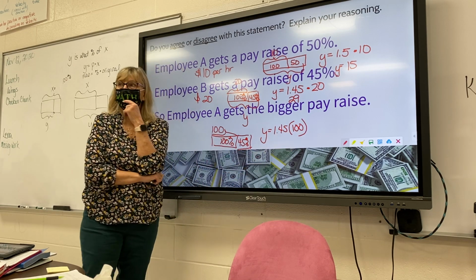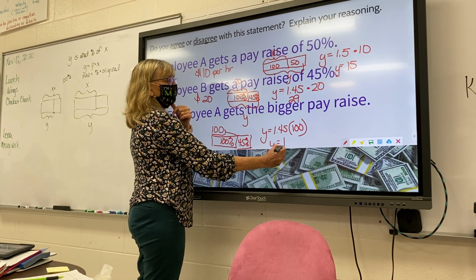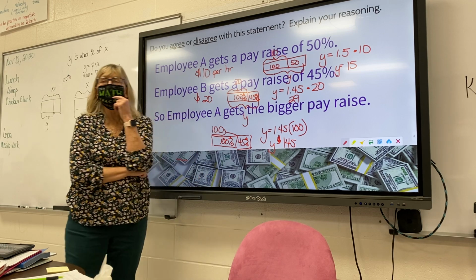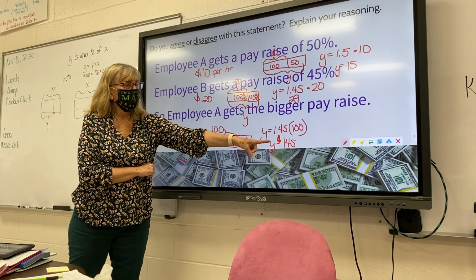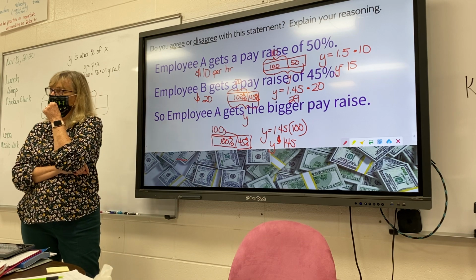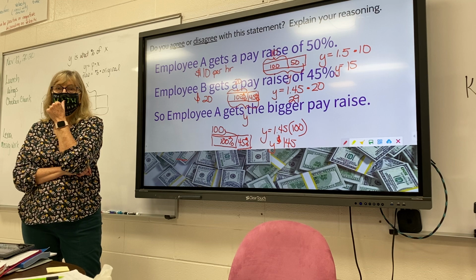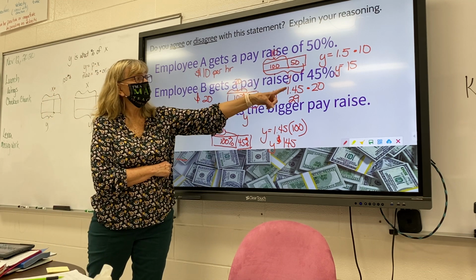How much does he make now? He makes $145 per hour. How much increase is that? He started out at $100. Now he's got $145. How much was his raise? $45.